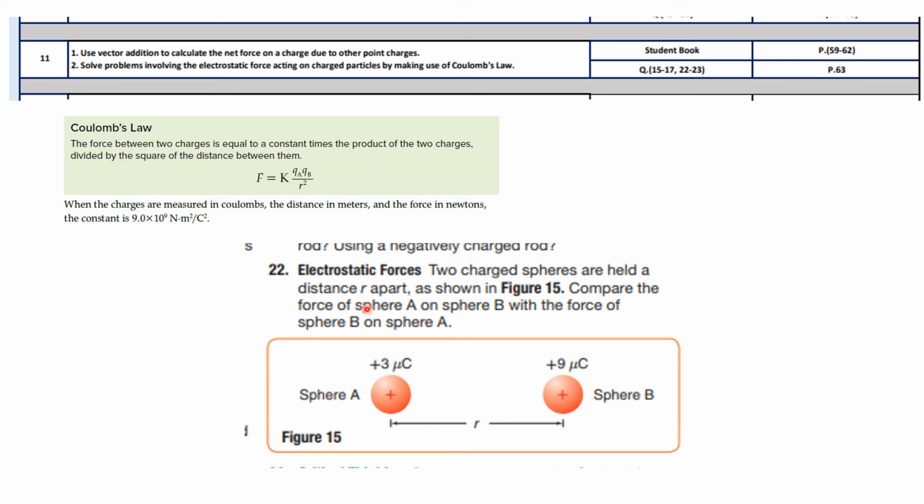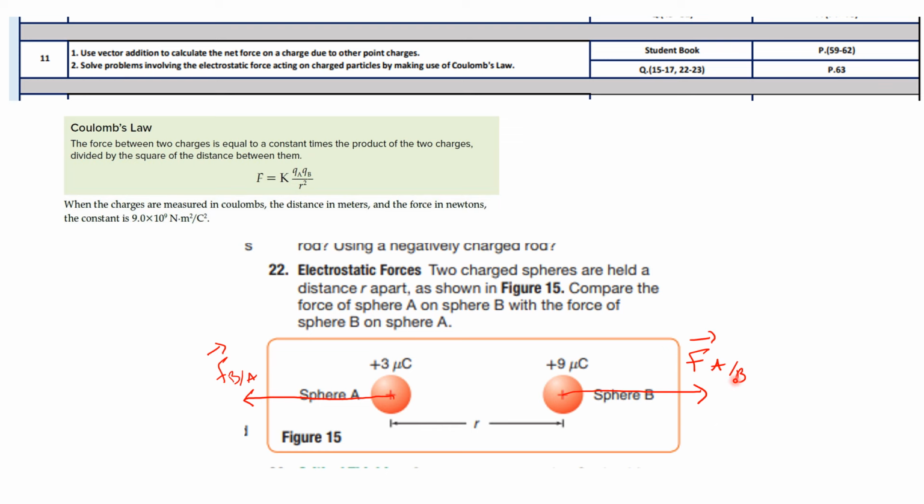The electrostatic forces of two charged spheres are held at distance R. So they are separated by a distance apart from each other. Compare the force of sphere A on sphere B with the force of B on A. So these two charges exert a force on each other. First of all, both charges are positive, meaning that they will repel each other. So the first force is away from A, and that's what we call the force of A on B. Okay, so it's to the right.